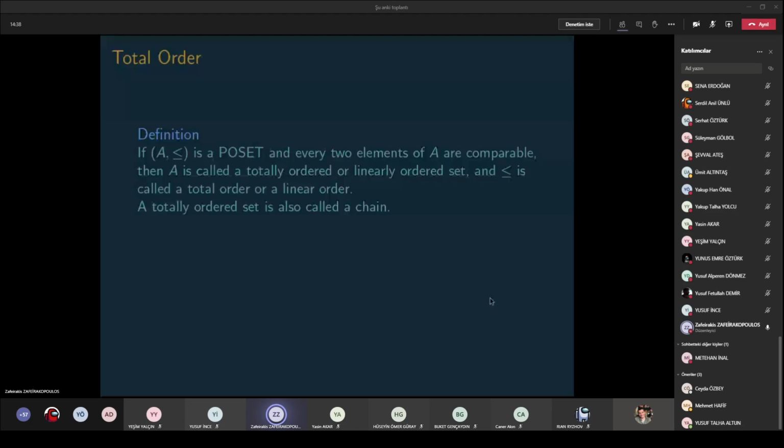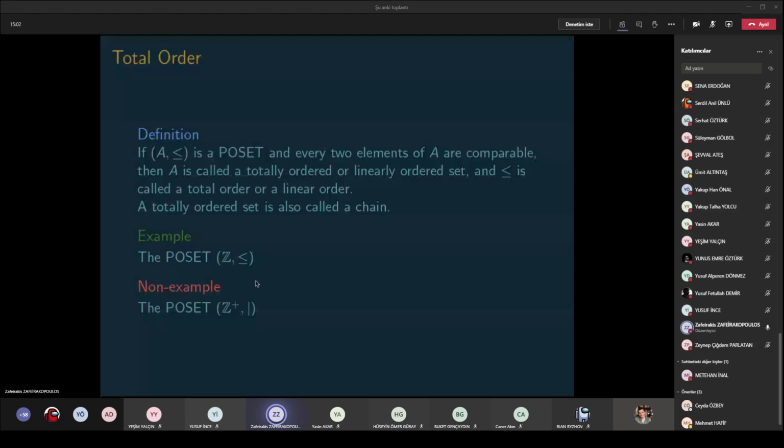We also call it a chain if it is totally ordered. So, is the poset of integers together with smaller or equal a totally ordered set? Yes, it is, because every two elements you can compare. It's either smaller or bigger or equal.